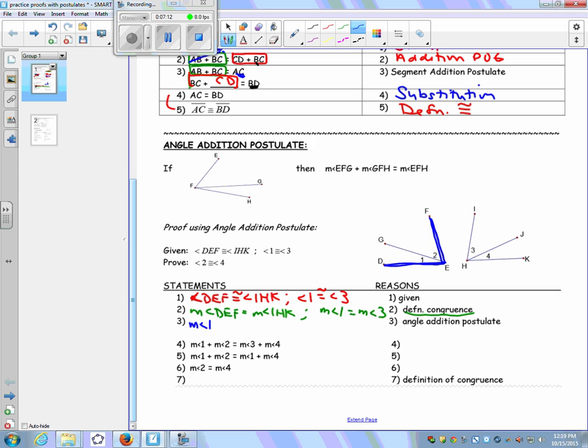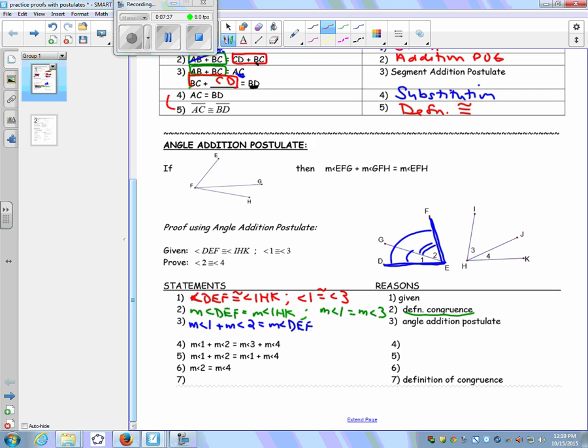Measure of angle 1, which is DEG, plus the measure of angle 2 equals the measure of angle DEF. Right? This part of the angle plus that part of the angle equals the whole angle. That's how we state the angle addition postulate.